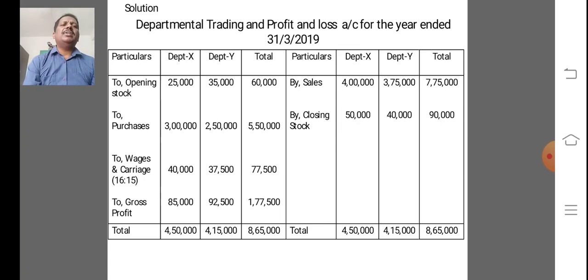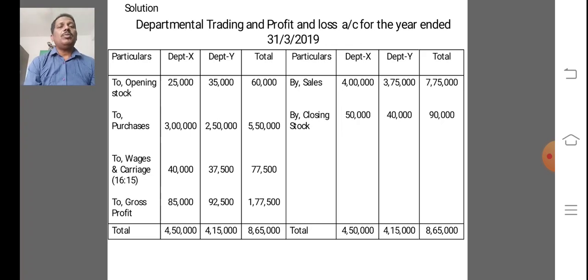In the credit side also 4 columns: particulars, department X, department Y and total. So first we debit the opening stock of the concerned department, X 25,000, Y 35,000, so 60,000 total. Debit the purchases, if any returns to be deducted, 3 lakh, 2,50,000 and total 5,50,000.